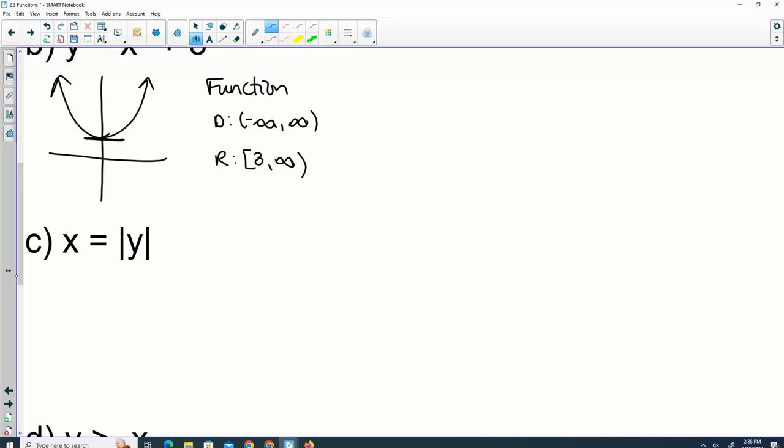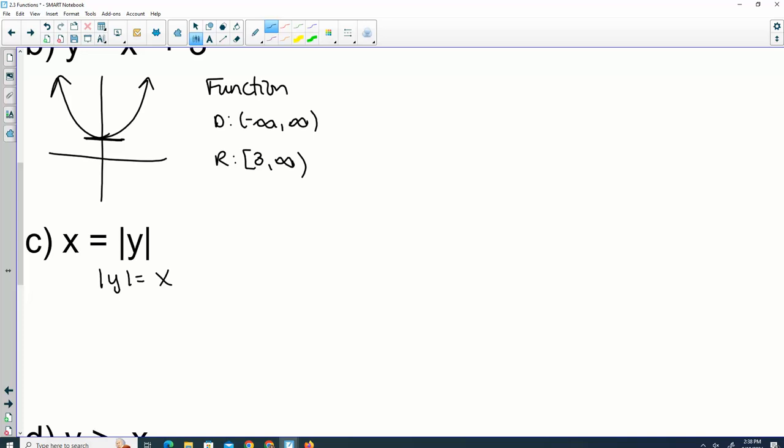Okay, C. Can you graph this one on your calculator? Nah, the calculator requires you to do y equals, right? Is this written as y equals? No. So there's a couple options. Okay, we solved absolute value equations on our last test, right?